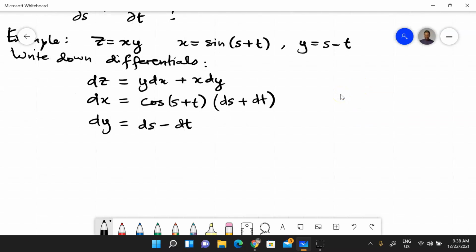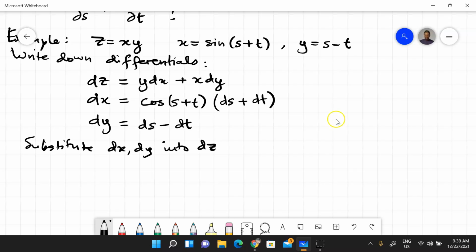Again, this is one of the steps that later on you simply ignore and do automatically. So substitute dx and dy into dz, and that should give me the following.